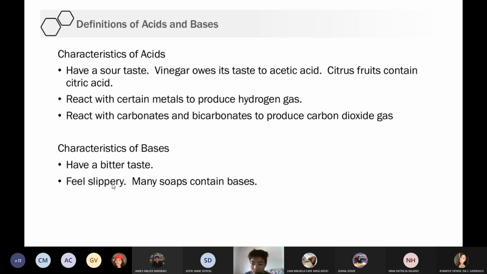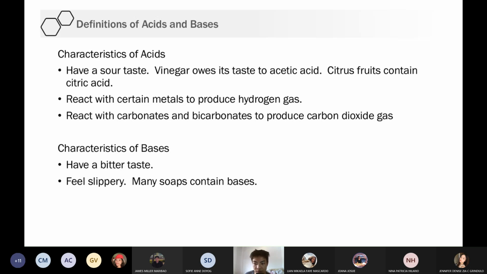For example, yung soap. Yung sabon, madulas. Bakit? Kasi may base doon. Many soaps contain bases. So, paano ba nabubuo yung soap natin? Pinagawa ko 'to sa tutorial class ko last sem. So ginawa namin, we produced soap by mixing oil and sodium hydroxide or potassium hydroxide.